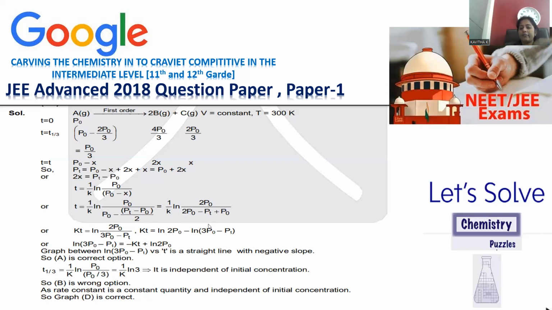From this, I want to get this pressure term. I am going to take this pressure term left hand side, so that ln (3p naught minus pt), negative value there, so that whenever you are going the left hand side, it will become positive. Ln (3p naught minus pt) is equal to, kt is coming right hand side, positive will become negative, negative kt plus ln.